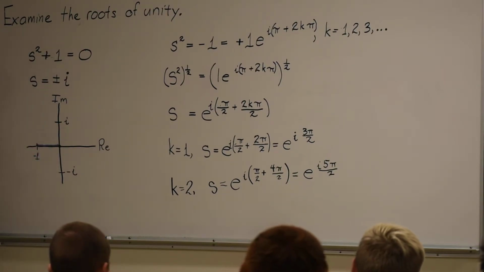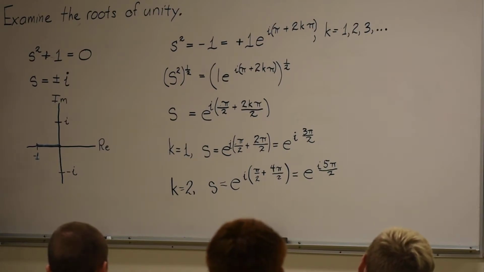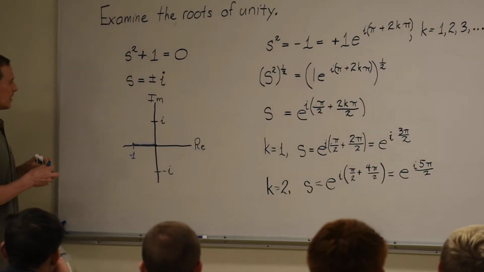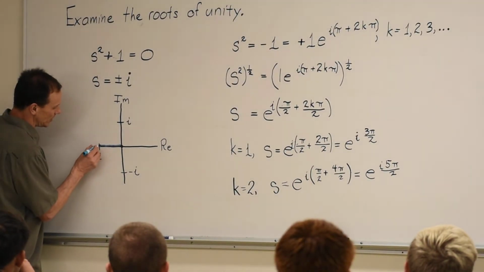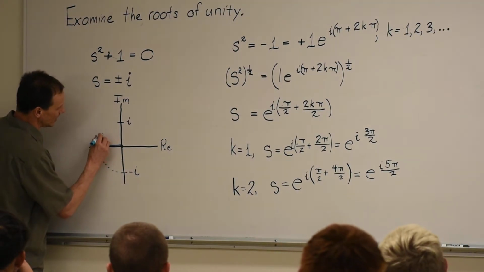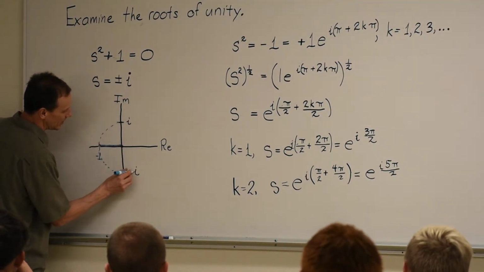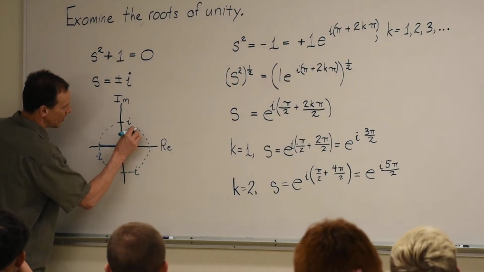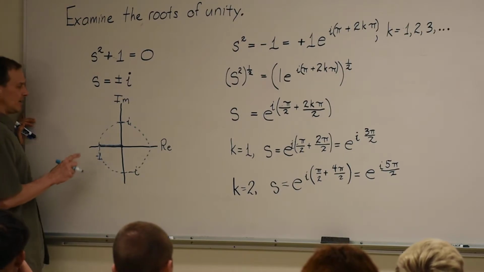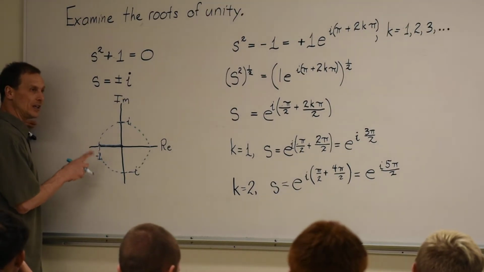So here's the idea, and it extends out. The idea is that the roots of unity, it's called roots of unity, because when you start taking the roots of e^(iθ), all of the answers lie on this circle. And they always divide the circle evenly.